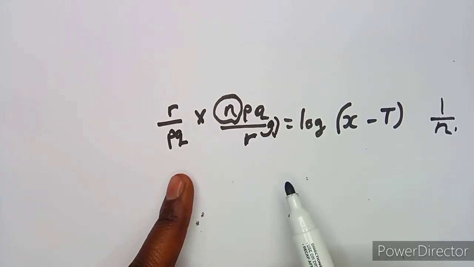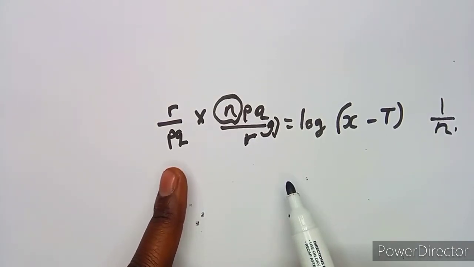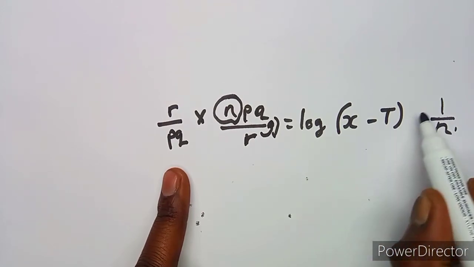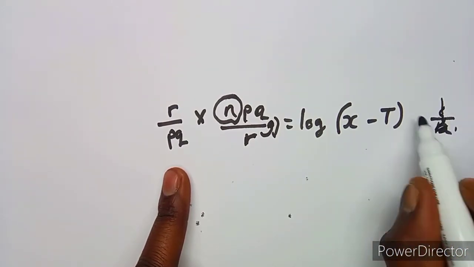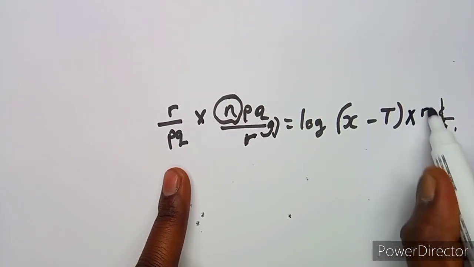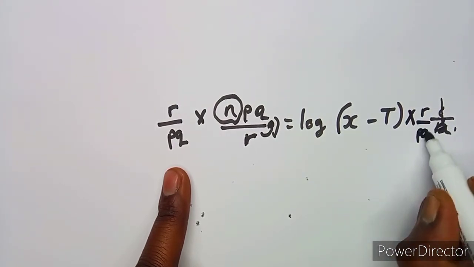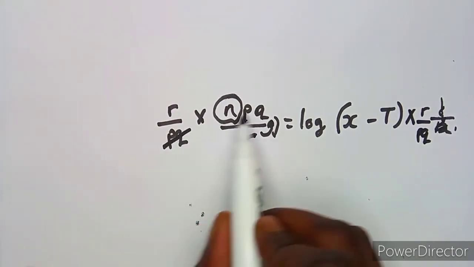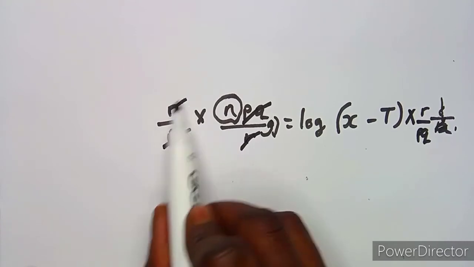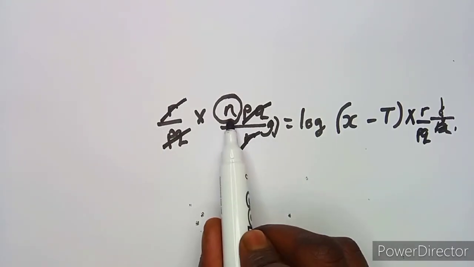But whatever you do on the left hand side, because it's an equation, has also to be done on the right hand side. Okay, look, now this part is disturbing us. So multiply by r over pq like this. All right, so that means this can cancel and this can cancel, so you're going to be left with n.